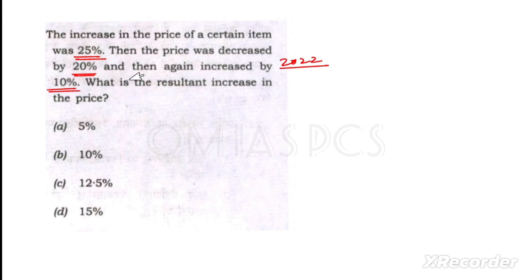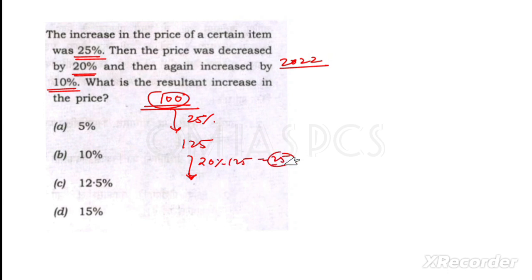First I am doing it in my way, then I will explain. Like I told you initially, whatever is given, we have to consider 100. So the price of the item is increased by 25%. From 100 it increases by 25%, so it becomes 125. Now the price was decreased by 20%, so we decrease 20% of 125, which is 25.